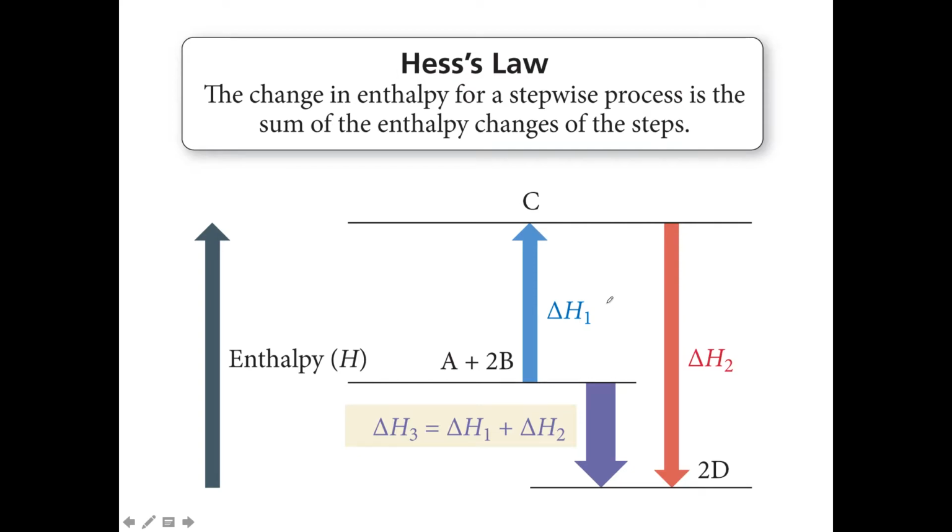Change in H, that's going to be greater than 0, right? Can you see it's going up? Okay. So if A plus 2B produces C, and C produces 2D, right? Can you see that this is less than 0? That's negative. That's going down. Then we would say that the change in enthalpy of this reaction plus the change in enthalpy of that reaction is equal to the purple.